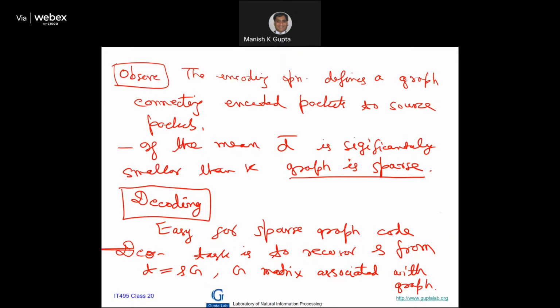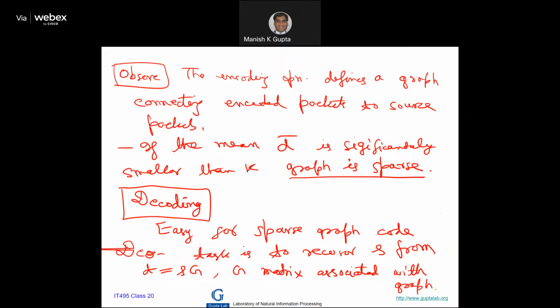So the task of the decoder is to recover S from T, right? S corresponds to the information packets, the source packets. I am denoting the source packets S1, S2, S3, SK, and the encoded packets T1, T2, T3, and so on.